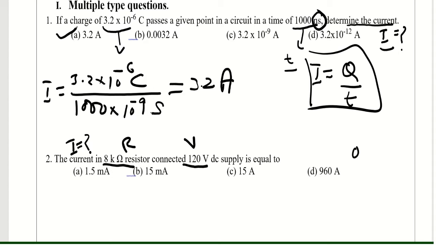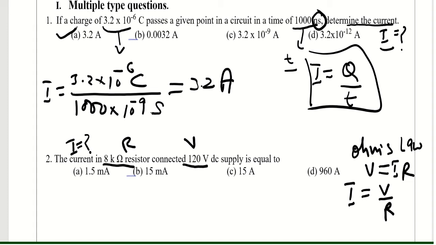So there is Ohm's law, and the formula for Ohm's law is V equals IR. If I take I from here, I is equal to V over R. We have to use this formula.